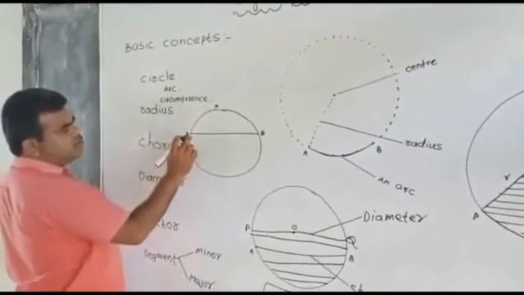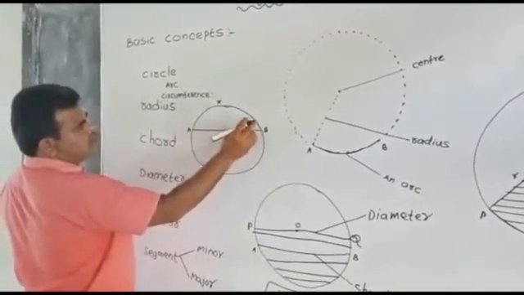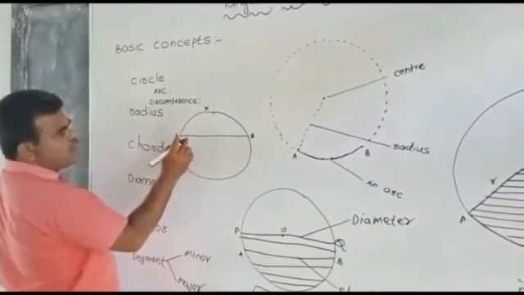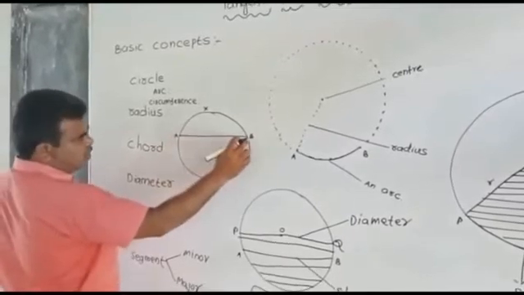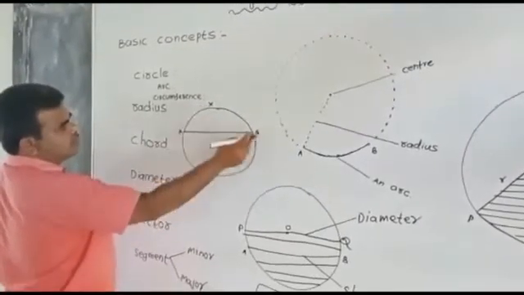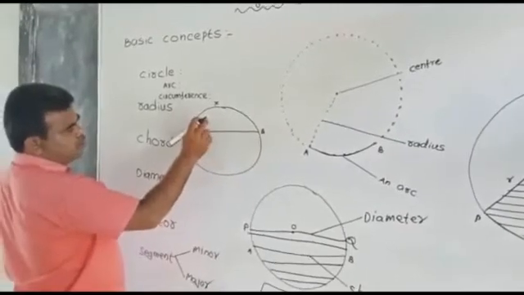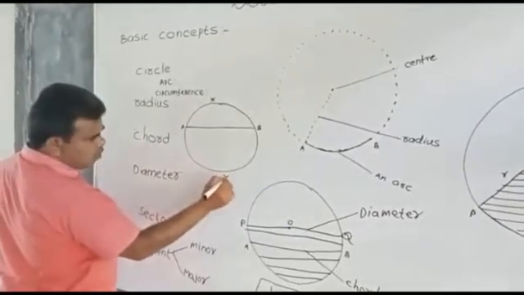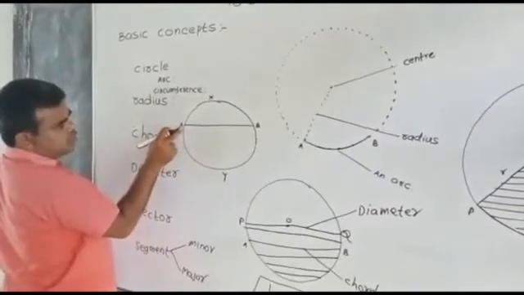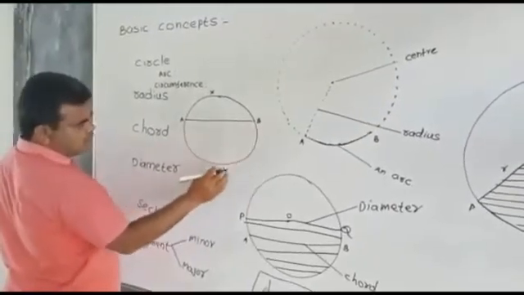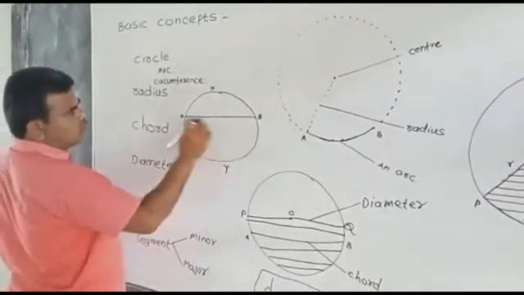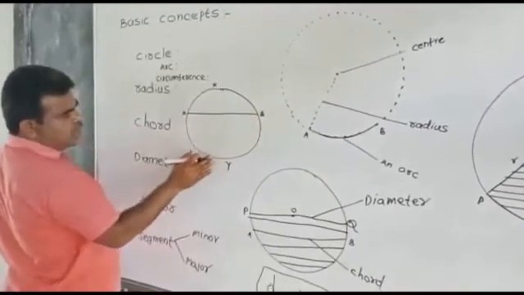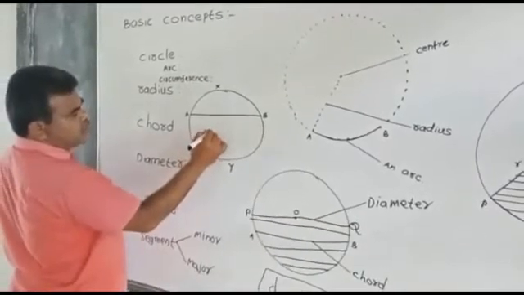The region bounded by an arc and the corresponding line segment is known as the minor segment of this circle. Next, AYB is a major arc and AB is the chord. This region is known as the major segment.